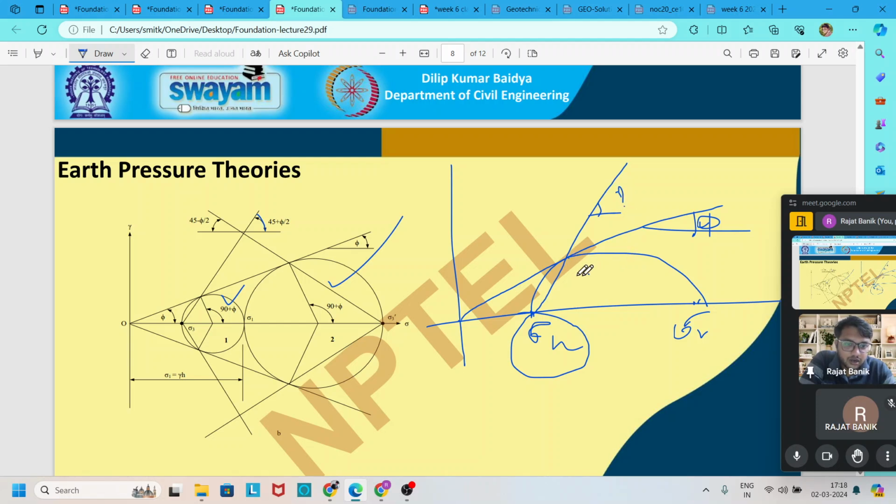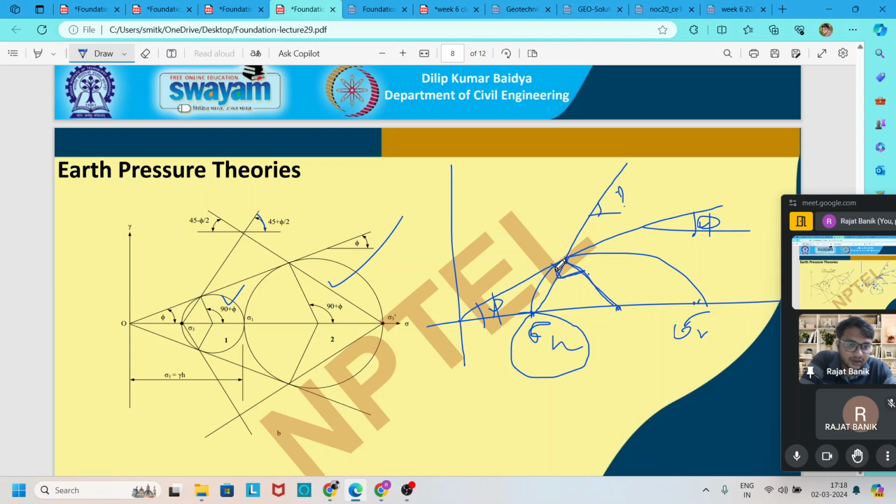Draw one line from the center which intersects this tangent point, and this angle is phi, and we know that the tangent makes an angle of 90 degree with the center.